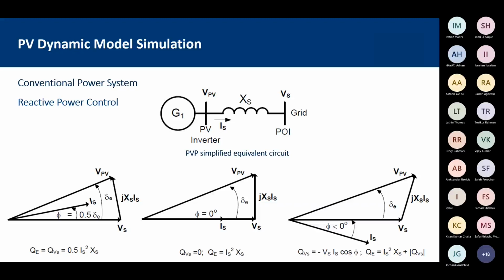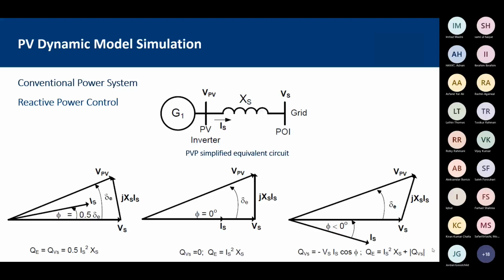Voltage magnitude is used to control the reactive power, which means the reactive current component, IQ, by controlling the excitation. So by increasing the voltage, we can control the reactive current. That is very simple.